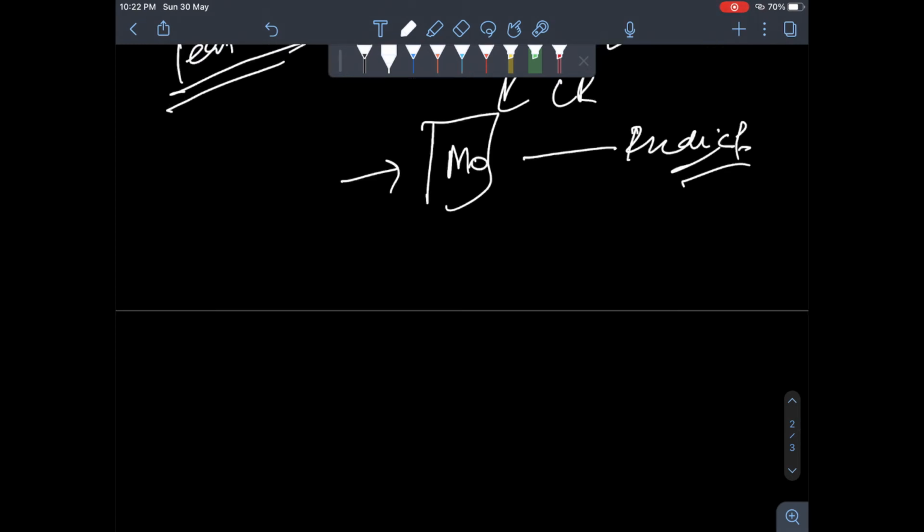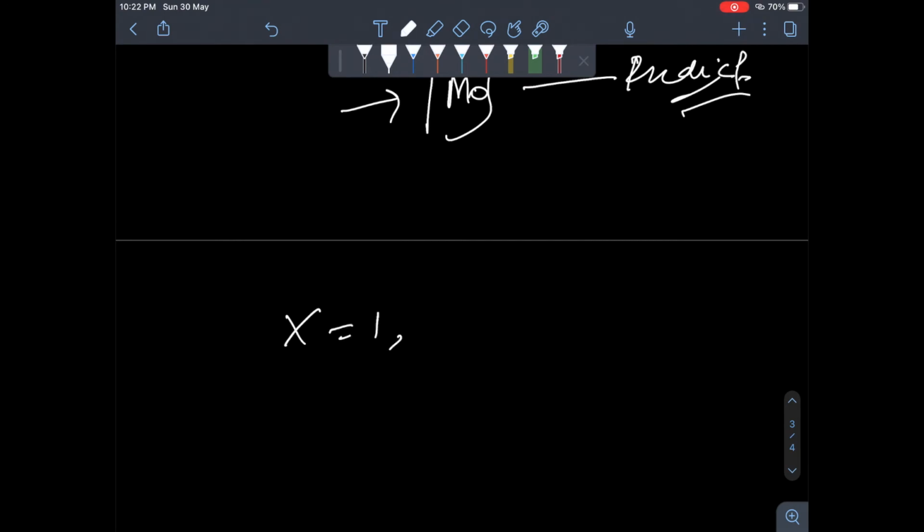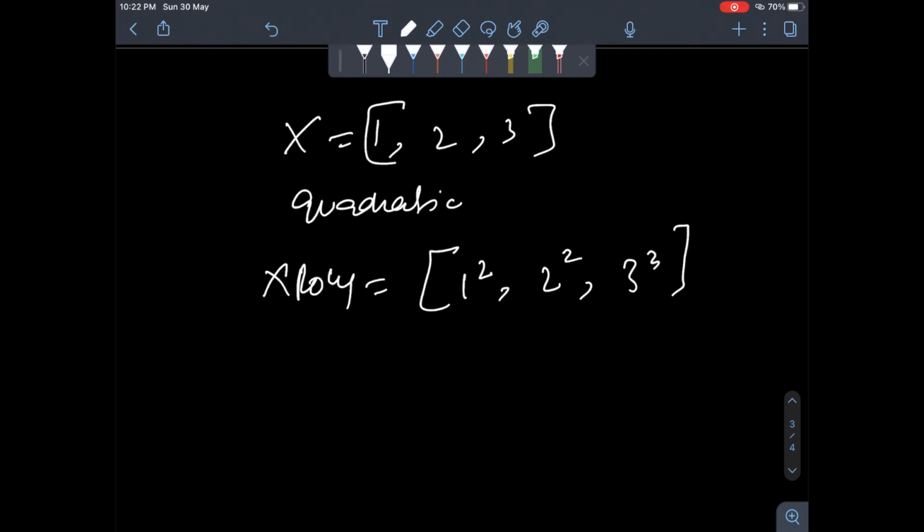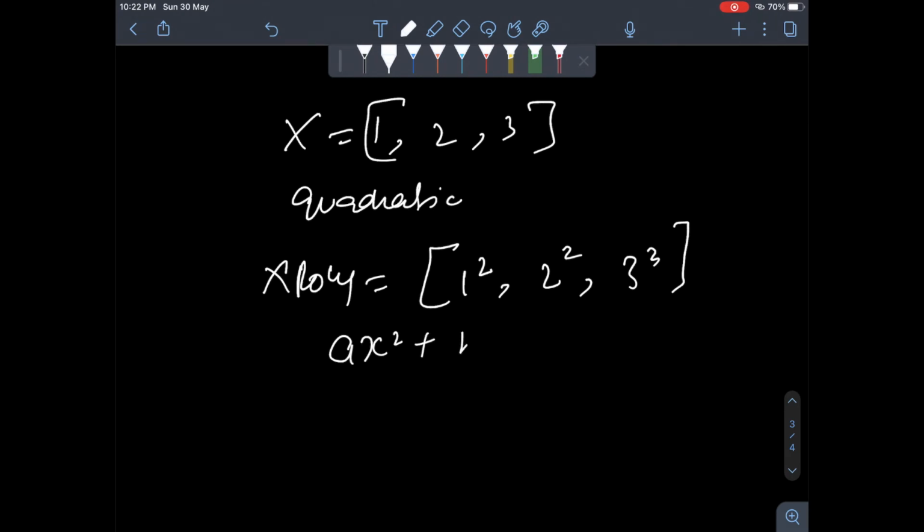Suppose we have x as 1, 2 and 3. If we are talking about a quadratic equation, we will be having the polynomial features of 1 squared, 2 squared, 3 squared, like this. But since we have ax squared plus bx plus c, for every data point we will be having 3 values.